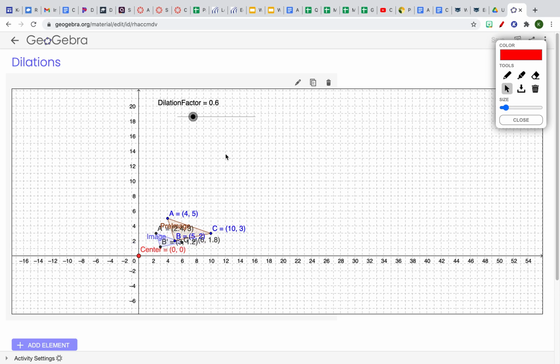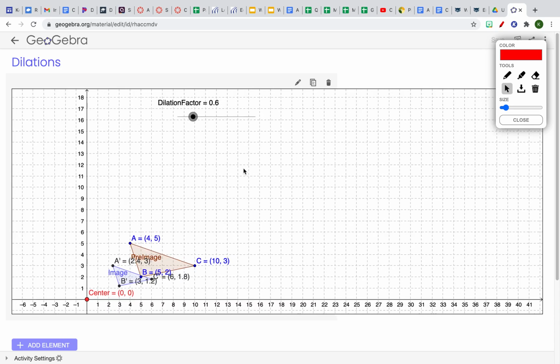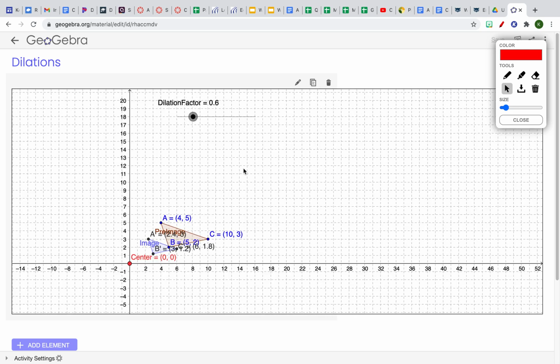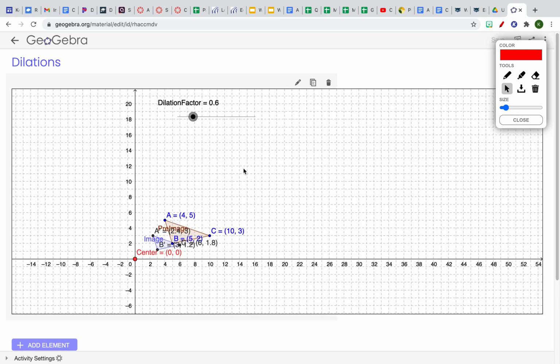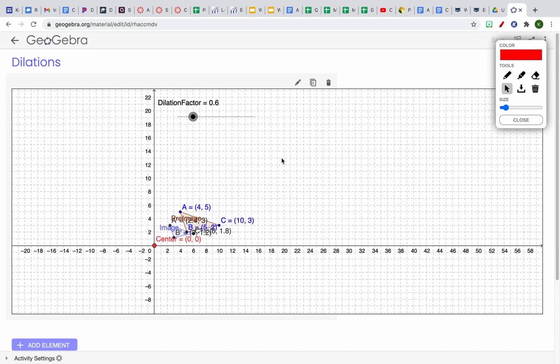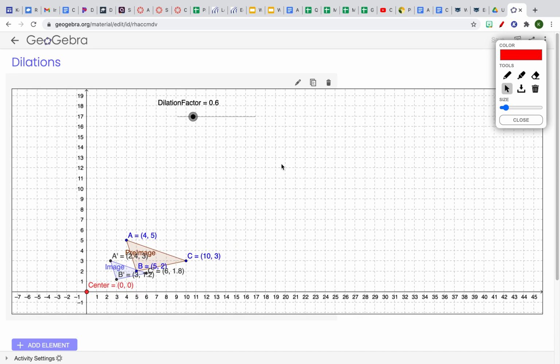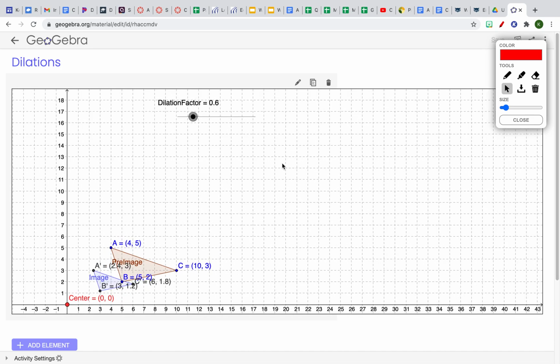I was hoping that I could zoom in, and that didn't help at all. Okay, it's the writing that's causing the problem. So we can see it's getting much smaller.